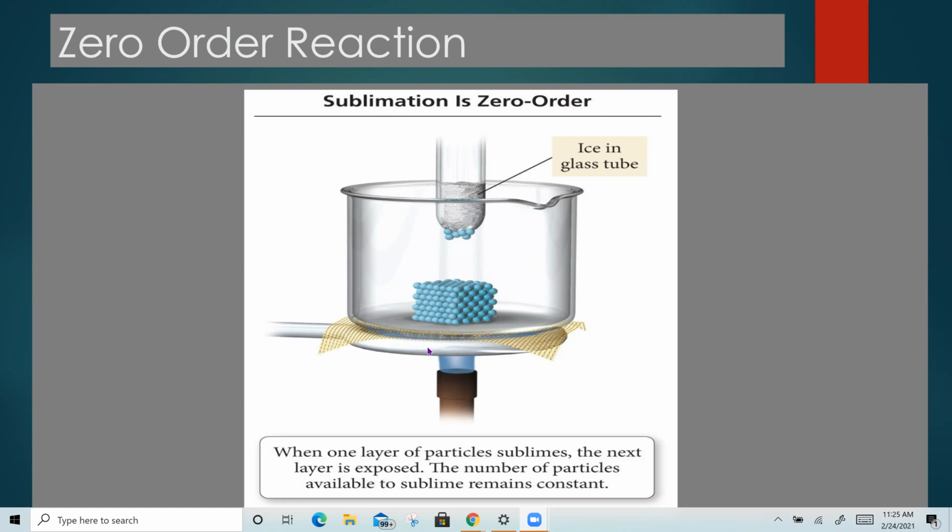If they're talking about water here, that's maybe a bad example, but if you're talking about something like dry ice, you never see it in the liquid form, right? It goes right from a solid to a gas, it sublimates. And regardless of how much you have there, or the concentration, it's going to sublimate at the same rate. It doesn't matter about the concentration.